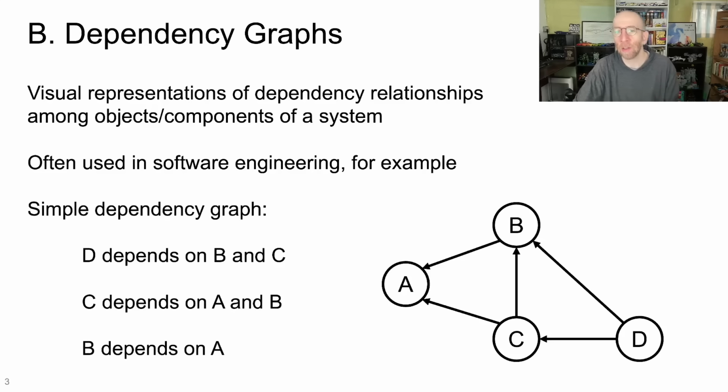So here is a simple dependency graph with 4 modules, and in a dependency graph, the arrows indicate dependency relationships. So in this dependency graph right here, D is dependent upon both B and C, C is dependent upon A and B, and then B is dependent upon A, right?